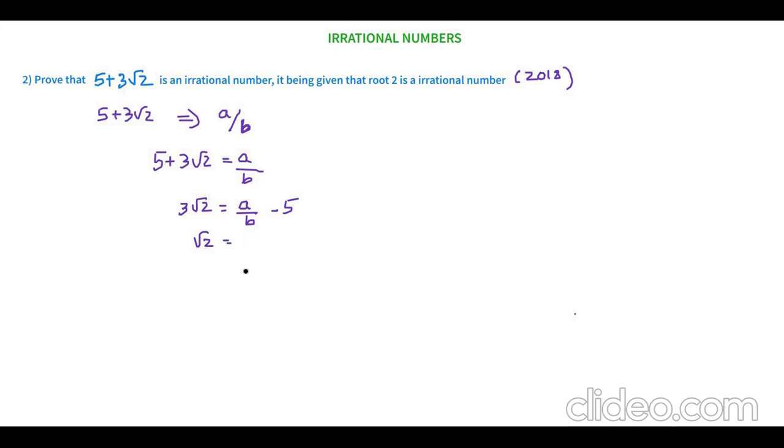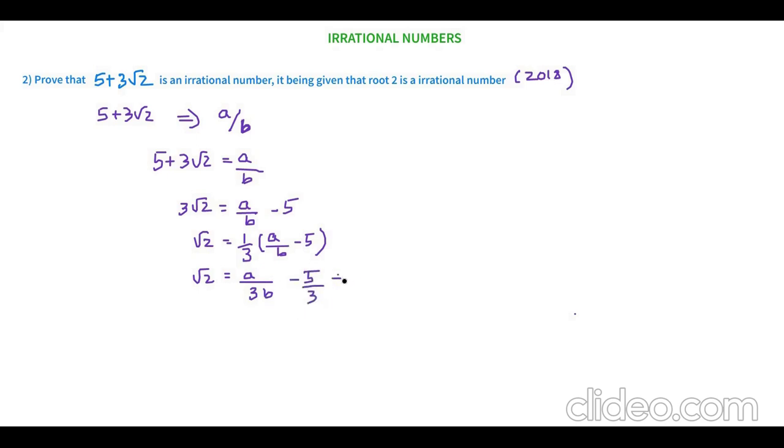1 by 3, and in the bracket it would be a by b minus 5. I've just brought the 3 over. Since it is multiplication on this side, it comes to the other side as division. Now let's remove the bracket. So root 2 will be equal to a by 3b minus 5 by 3.